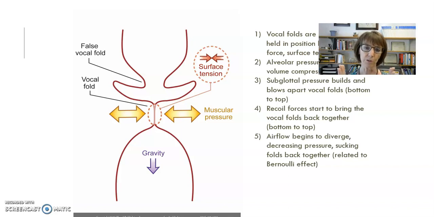Because that air has puffed through the laryngeal opening, the glottis, it's going to pull the vocal folds together because of increased negative pressure in the space between them, which causes a type of suction. So these 5 things keep cycling back and forth, creating this vibratory cycle that repeats itself.